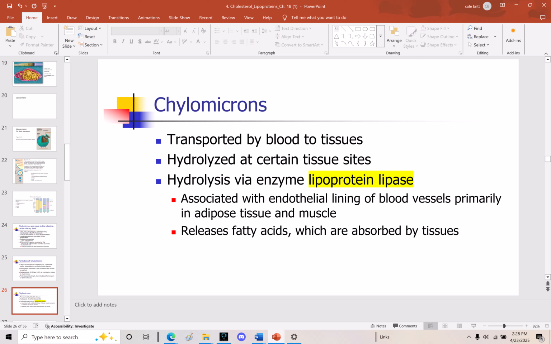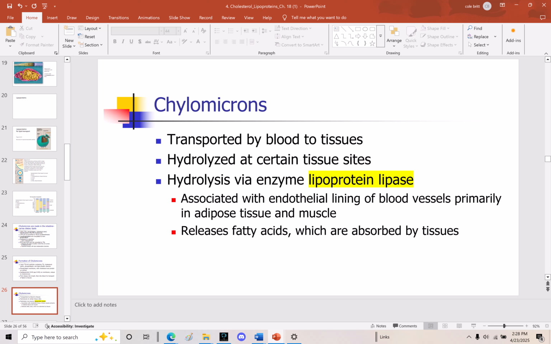Insulin is what turns on lipoprotein lipase. And lipoprotein lipase is needed in order to pull the fatty acids from the chylomicron and get them into the cell. So adipocytes, how do they get those fatty acids from the chylomicron? They use lipoprotein lipase. So you need lipoprotein lipase in order to pull those fatty acids from the triglyceride and bring those fatty acids into the cells.